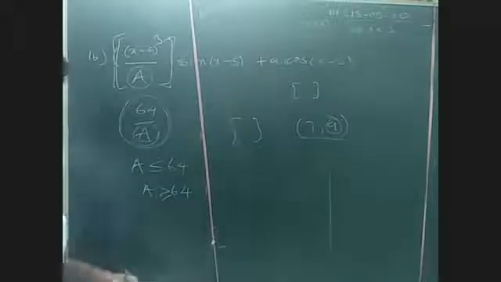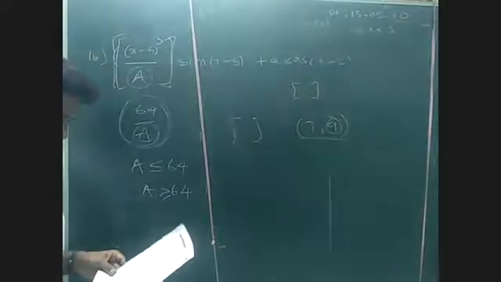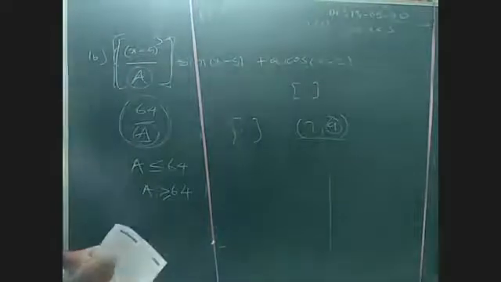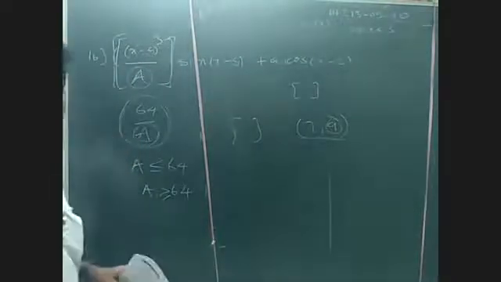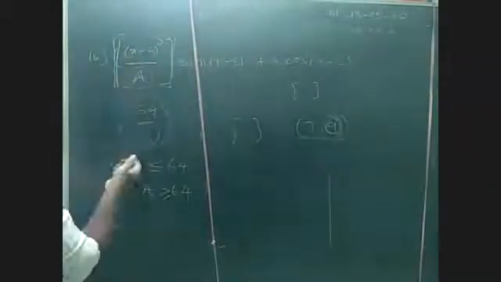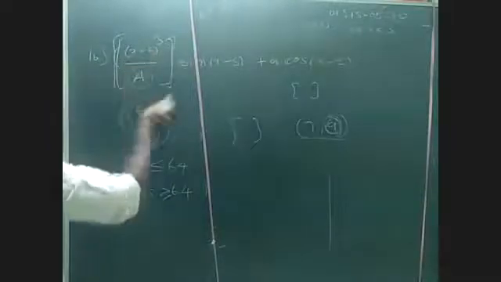what will happen? If it is 64 or more than 64, what will happen here? Because it is an open interval, we cannot take 9, less than 9, we can take 8. 8 minus 5 is 3. 3 cube is 27.